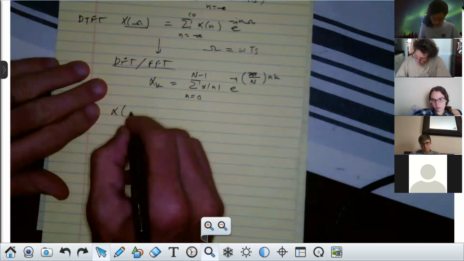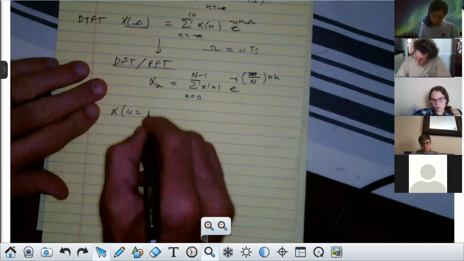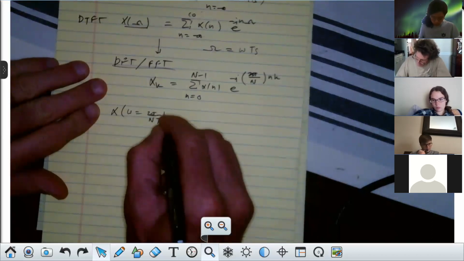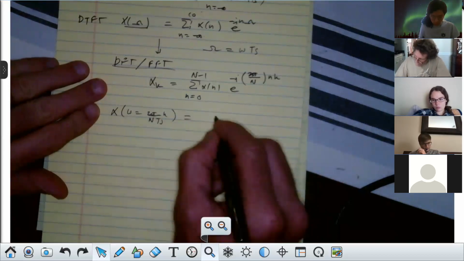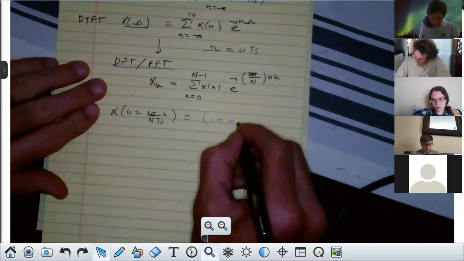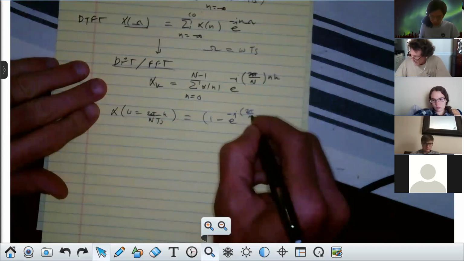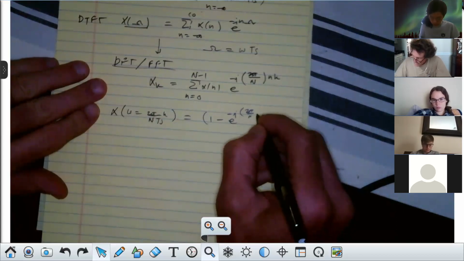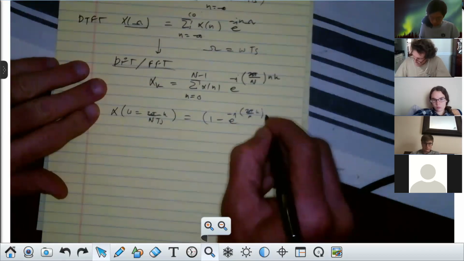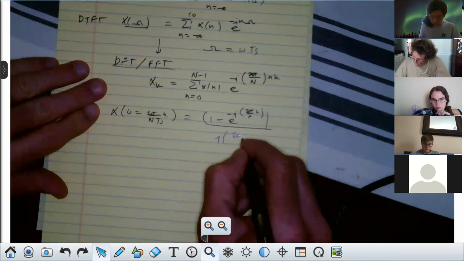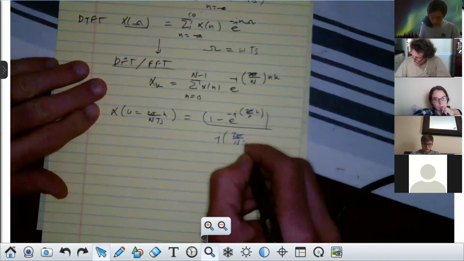we could get a direct comparison where the X of Fourier omega here would be 2 pi over N times Ts times k, equal to 1 minus e to the minus j 2 pi over N times k, the Ts would go away in the numerator, divided by j times 2 pi over N Ts k.